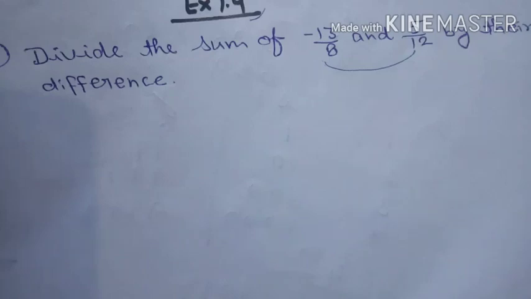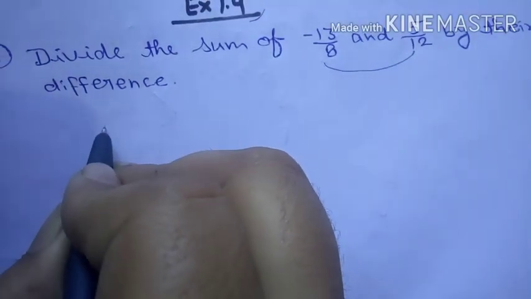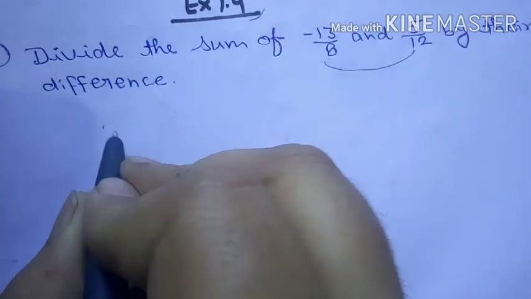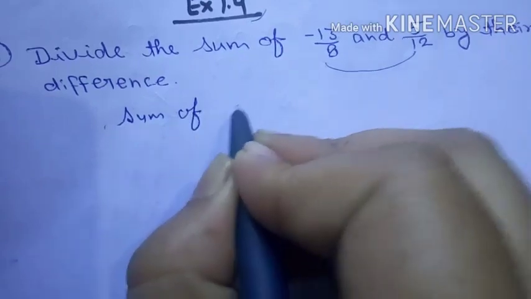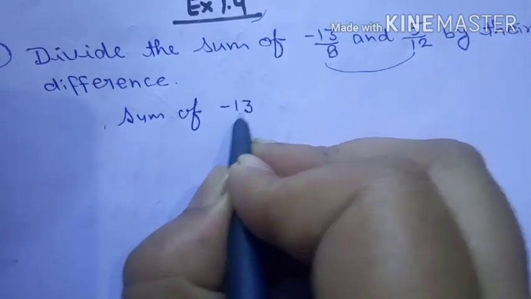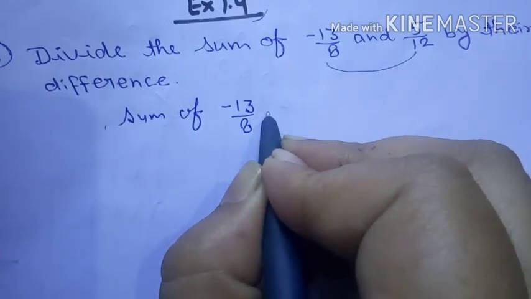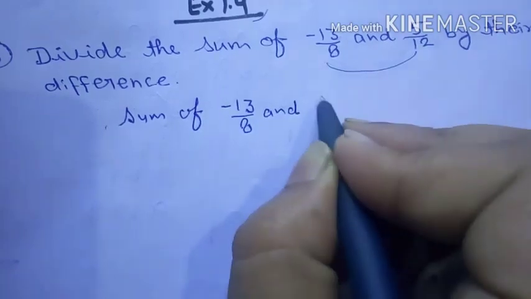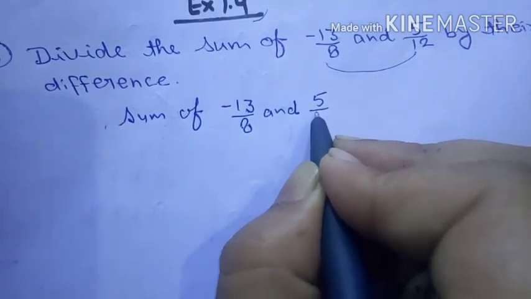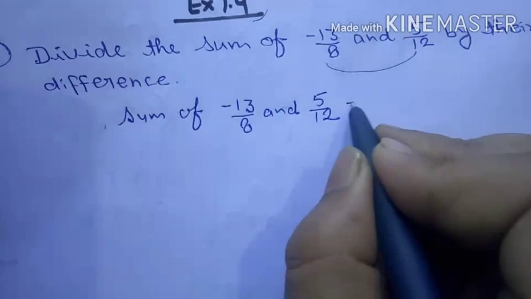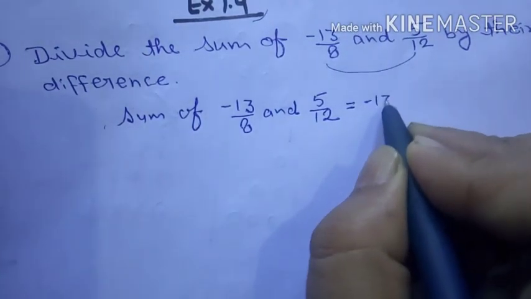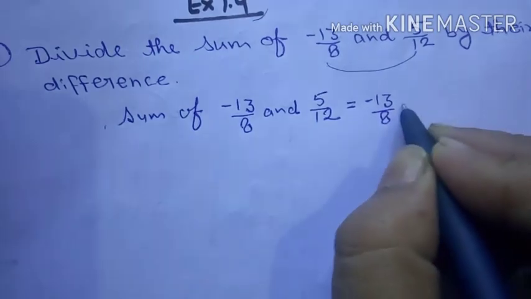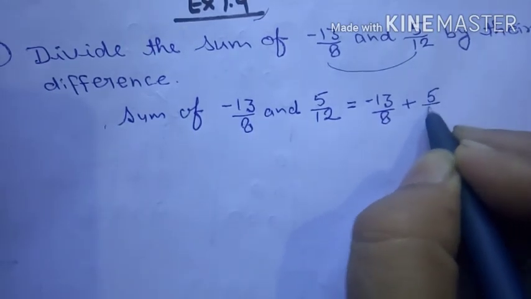Now students, firstly we will find the sum of these two rational numbers: minus 13 upon 8 plus 5 upon 12.